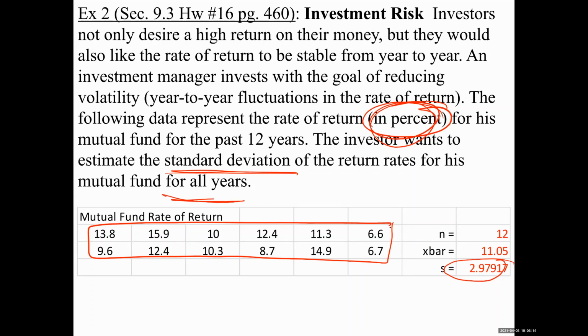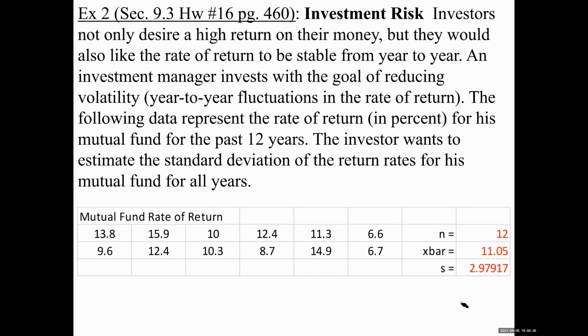So even though I have data for 12 years, this mutual fund might have existed for 80 years. So there might be 80 return rates. I want to know the standard deviation of all 80 return rates, but I don't have all 80. Think of those 80 return rates as like the population data. I don't have all 80, I have 12. So we're going to use the 12 that we have to estimate the standard deviation for the 80 return rates that we don't have. All right.